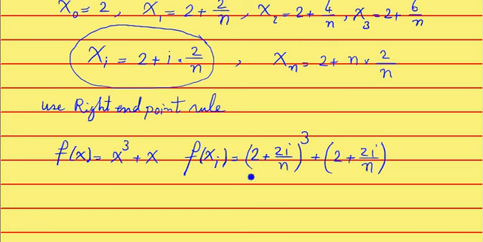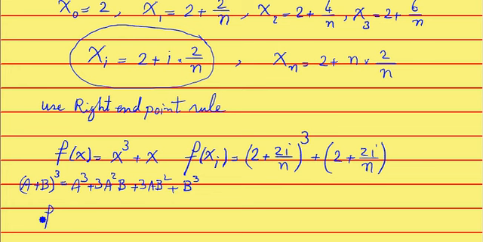So let me remind you, how do you cube something? If you had a plus b and you want to cube it, either you sit down and just cube it, or if you remember the identity, that is a cubed plus 3a squared b plus 3ab squared plus b cubed.